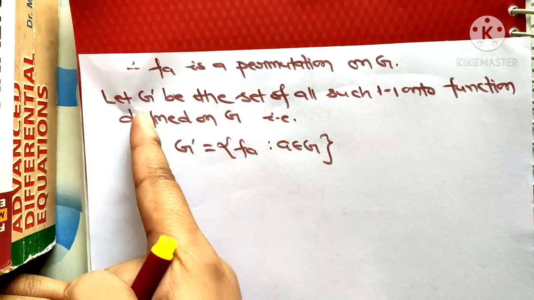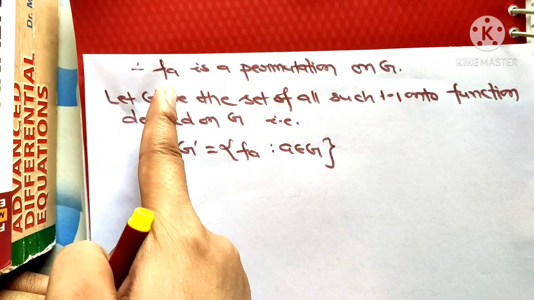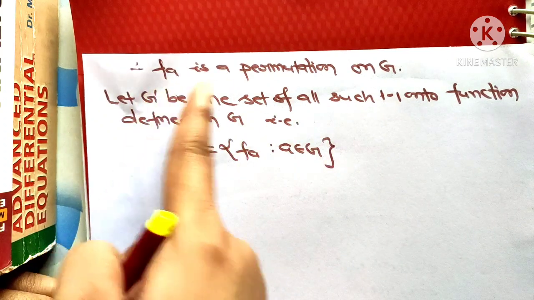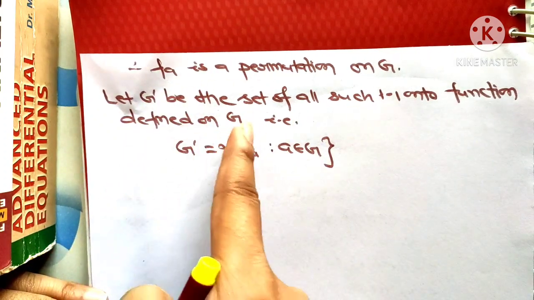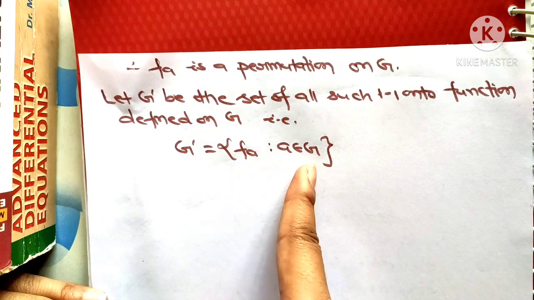So here we just consider G dash to be the set of all such functions like f_A, where A belongs to G.